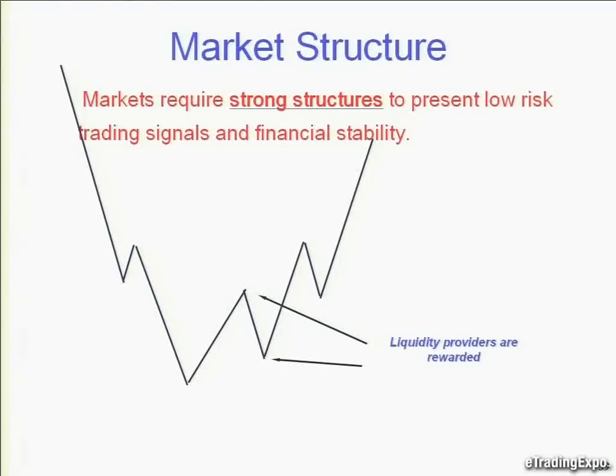When you make this pullback down here, those people who were selling out in the market are then rewarded because they are able to repurchase and buy back in here at this bottom.